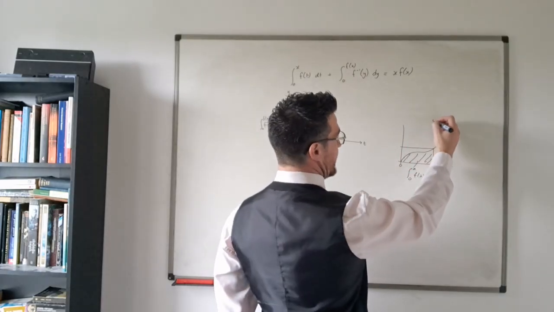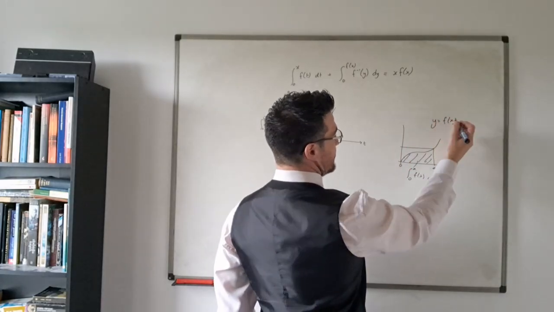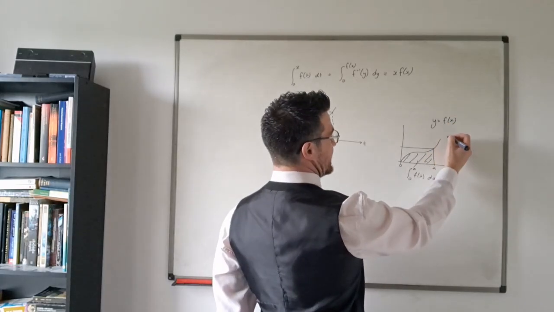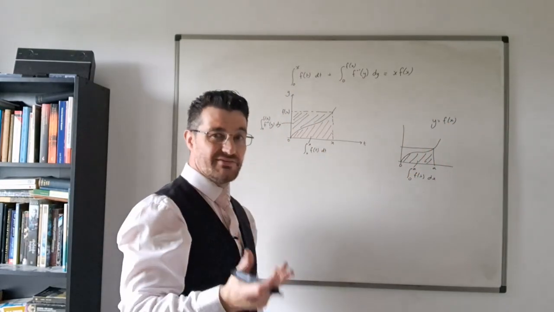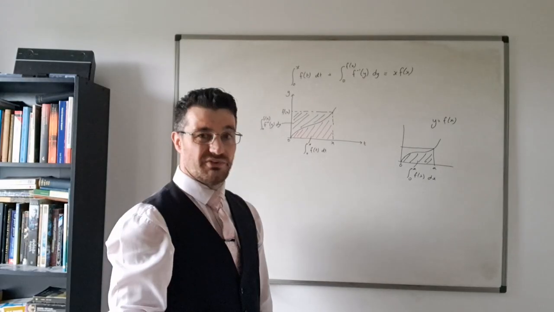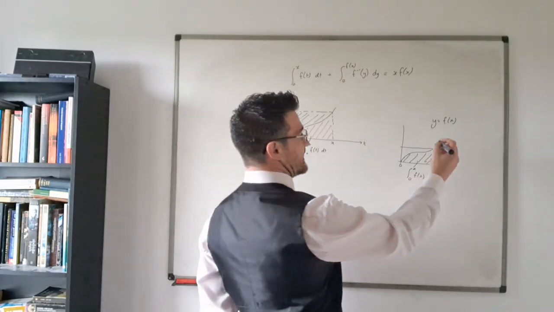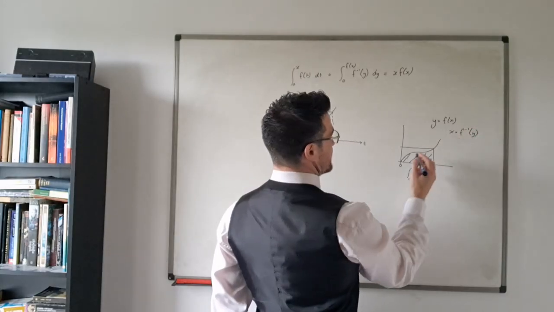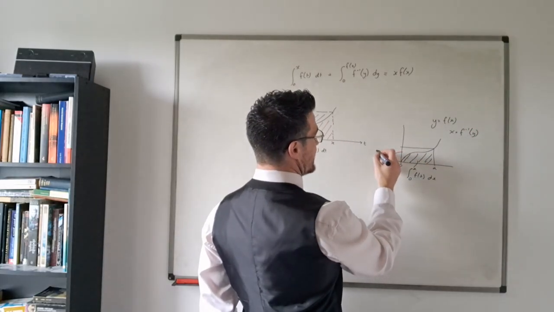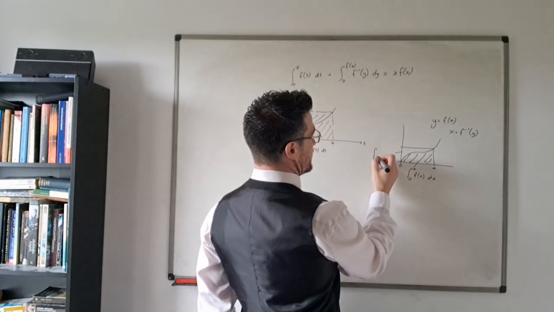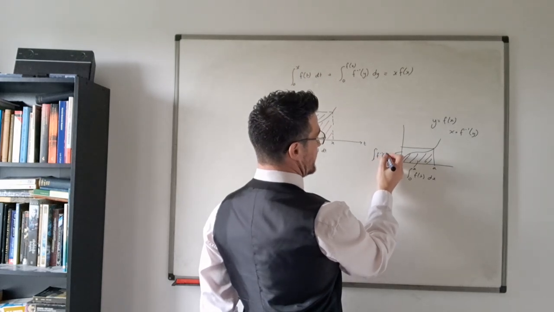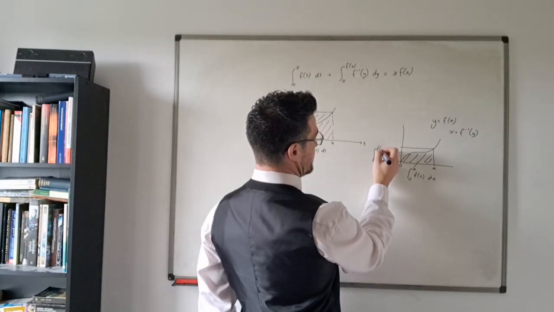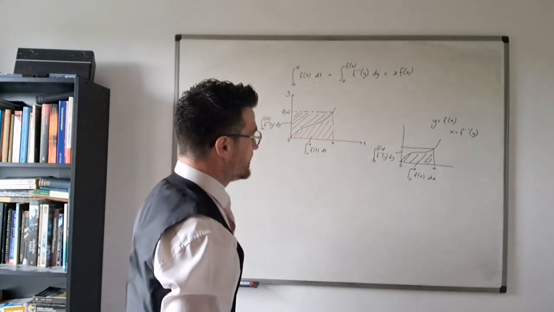So if you've got y equals f of x, you make x the subject. Assuming that your function is invertible, which not all functions are, but let's assume it is for now, then we get x is equal to f inverse of y. So this integral here is the integral of f inverse of y dy from 0 to f of a.